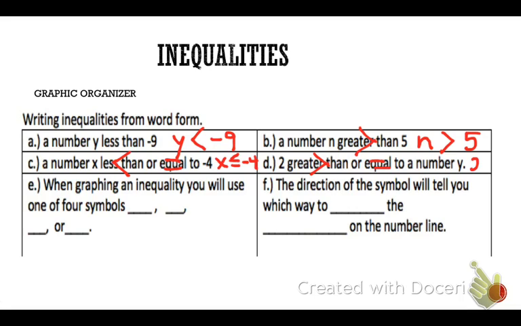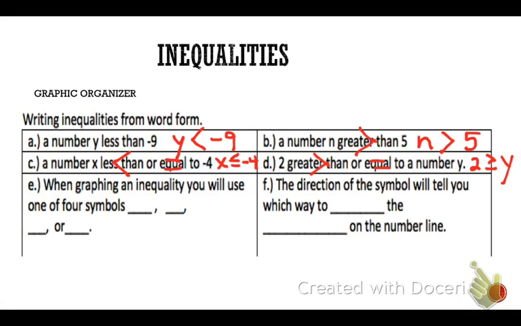And this is a little bit different. It'll be towards the end of the video that we'll look at how to graph it. So 2 is greater than or equal to, so I'm going to draw that little line underneath it, to a number y, to that variable y. Okay, and again, you should know by now to pause the video whenever you need to, so you can copy these things down.